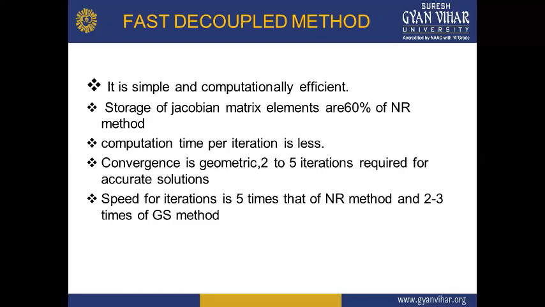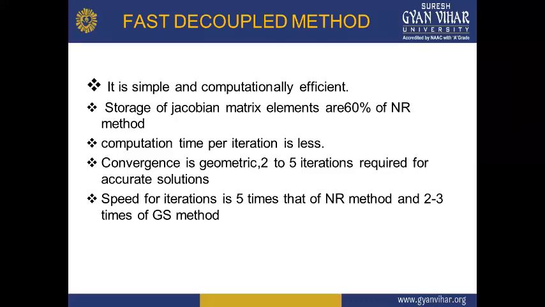And the fast decoupled method is very simple and computationally efficient. The storage of Jacobian matrix elements is 60% of the Newton-Raphson method. That means the J3 and J4 which have been omitted. The computational time per iteration is also less.